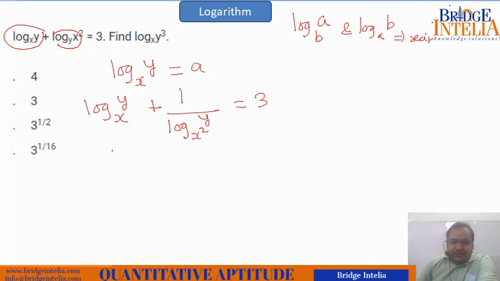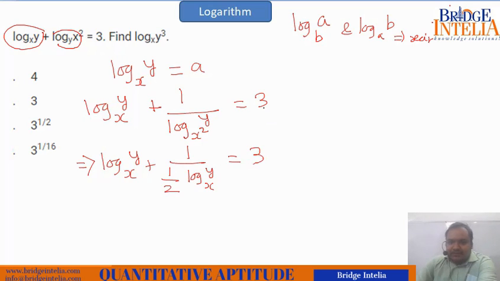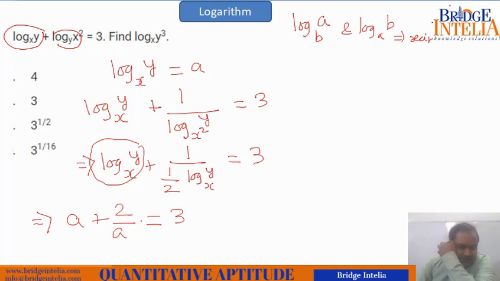Now this can further be written as log y to the base x plus, if this 2 is taken out, it becomes reciprocal, 1 divided by half of log y to the base x. This is given to us as equal to 3. So if you assume this to be equal to a, what is actually given to us is a plus 2 by a is equal to 3.